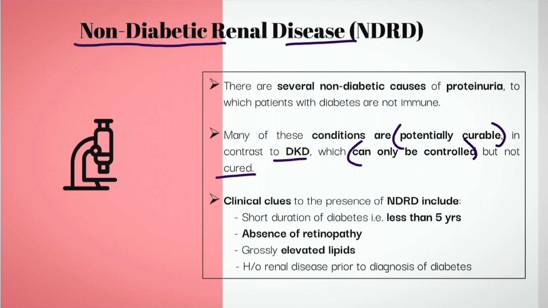The clinical clues by which we can diagnose the presence of non-diabetic renal disease are that there will be a short duration of diabetes, which is usually less than 5 years in such persons. Retinopathy will be absent in such non-diabetic renal disease conditions. There will be elevated lipid levels, and a history of renal disease will be present prior to diagnosis of the diabetes.